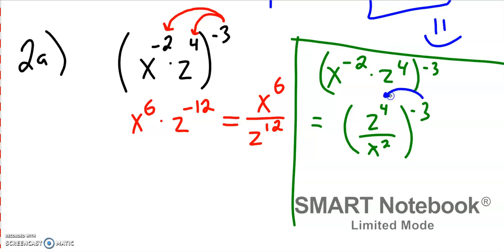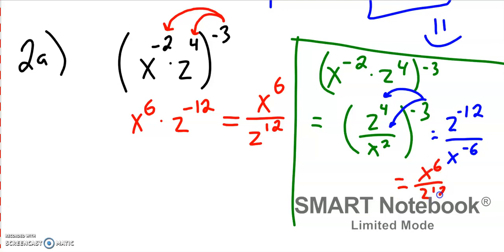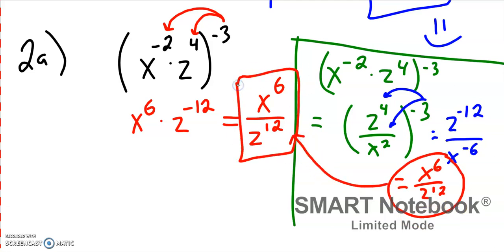When we send that in, you're going to notice something. It's going to be z to the negative 12th over x to the negative 6. And we need to flip these again. So it's going to end up being x to the 6th over z to the 12th, which is exactly what we got over here. So this is what I'm saying.